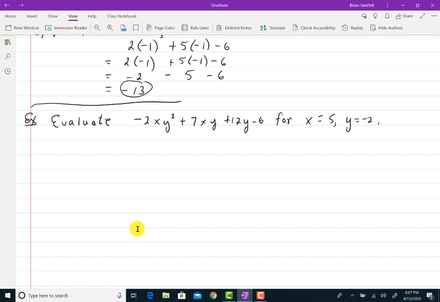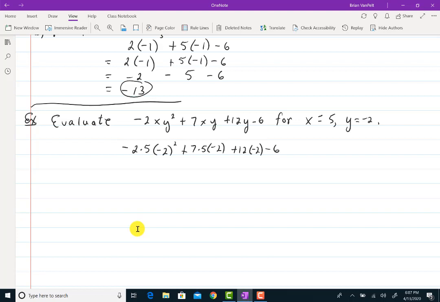So watch what I do. Since the y has a negative, I'll put it in parentheses. So this is what I'm going to get. Negative 2. The x was 5, so I don't have a problem putting it like that. But now the y was negative 2, so I'll put negative 2 in parentheses and square it. Plus 7 times 5 times negative 2. Plus 12 times negative 2 minus 6.